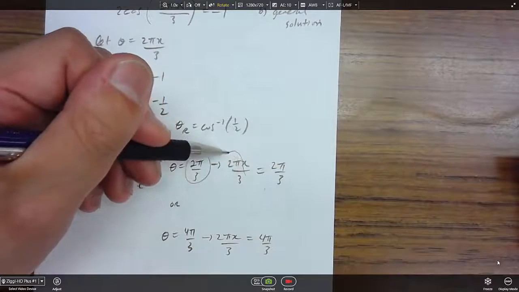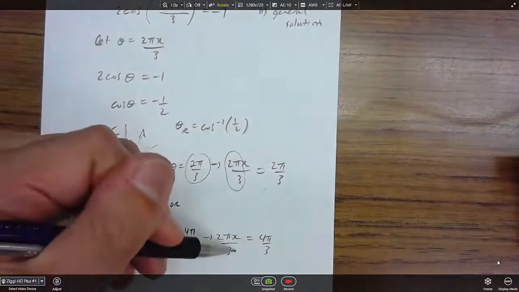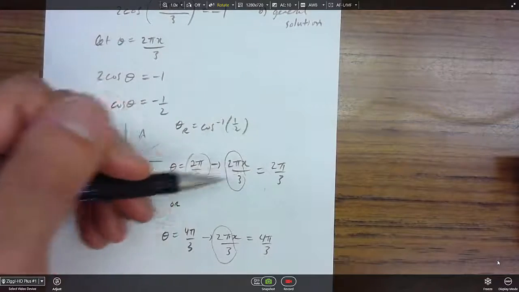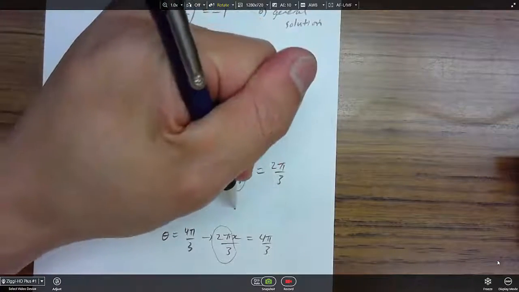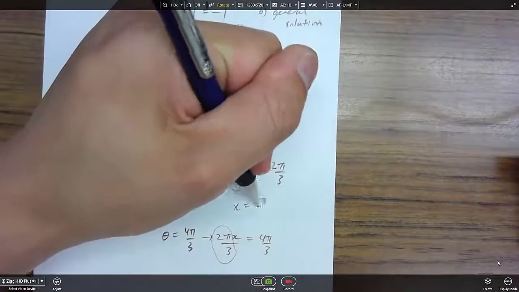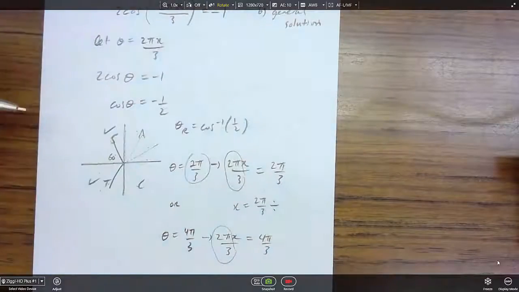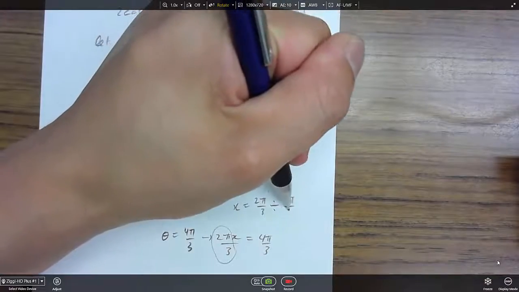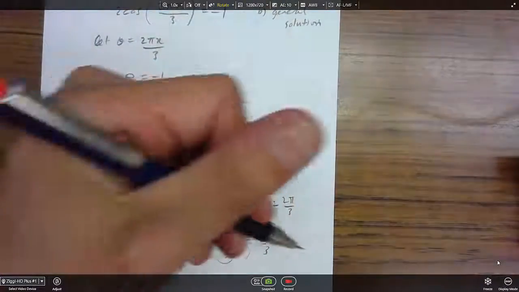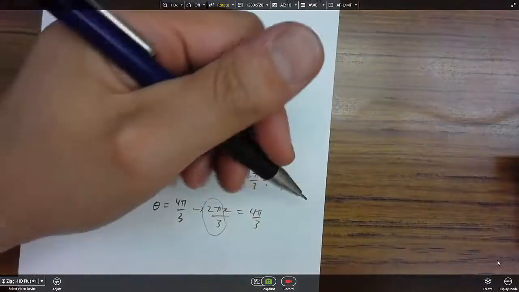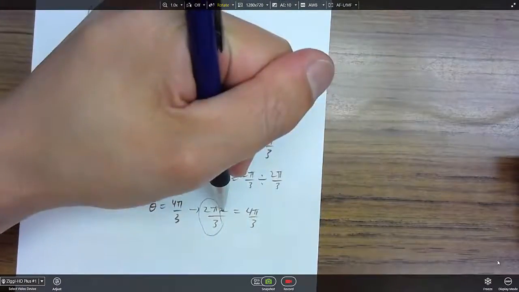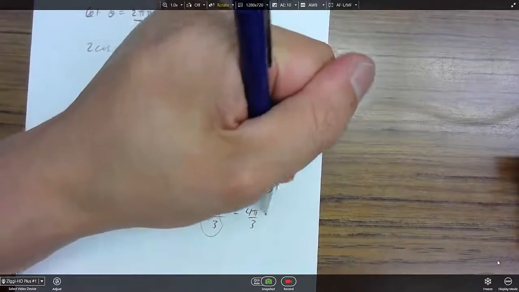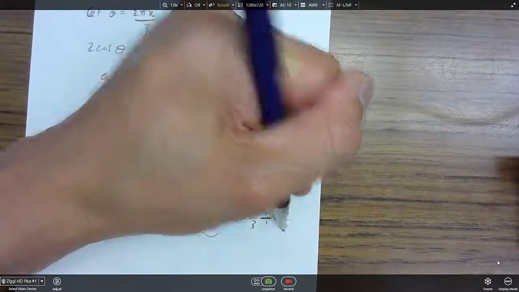Now look at the coefficient of x here. We can divide both sides by the coefficient to solve for x. So x equals 2 pi over 3 divided by 2 pi over 3. And down here we have x equals this divided by this coefficient, so we're going to divide by 2 pi over 3.